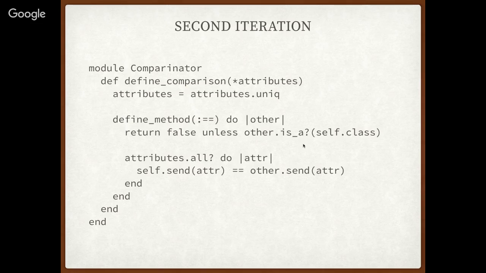And just to be on the safe side, I don't necessarily have to, but I want to make sure all these attributes are unique, so I'm not doing something weird. And I'm going to define the double equals method, and that's going to take a block, which is basically just the body of my method.